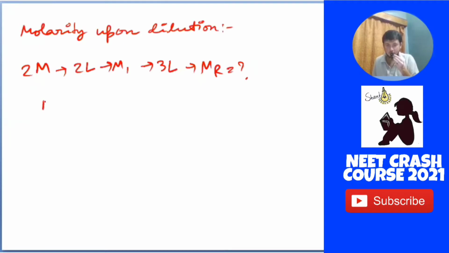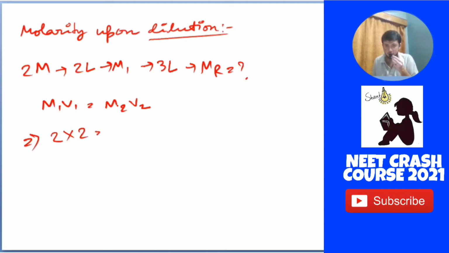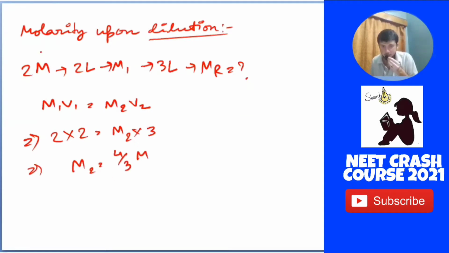We have a formula, M1 V1 equal to M2 V2, upon dilution. So we'll just put the values: 2 initial molarity, 2 initial volume, M2 we don't know, we have to conclude it, and 3 is the final volume. So M2 will be 4 by 3 molar. That is molarity upon dilution.